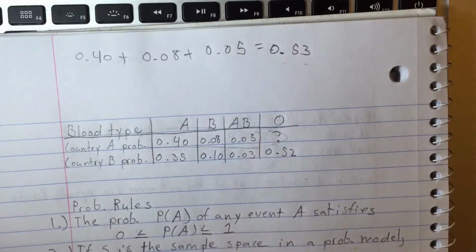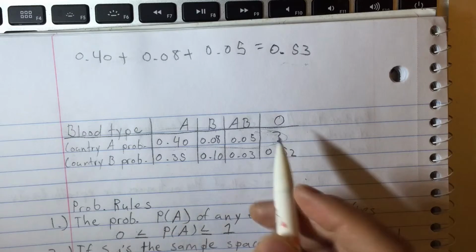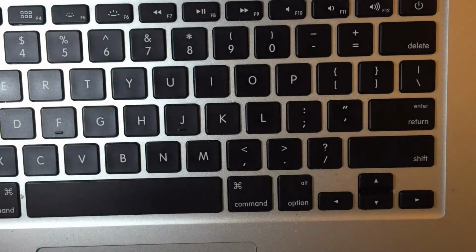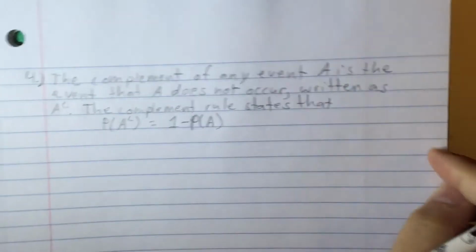Yet this is not our answer, because 0.53 just tells you what blood types A, B, and AB add up to. Our next step, in order to find O, is following rule number 4.